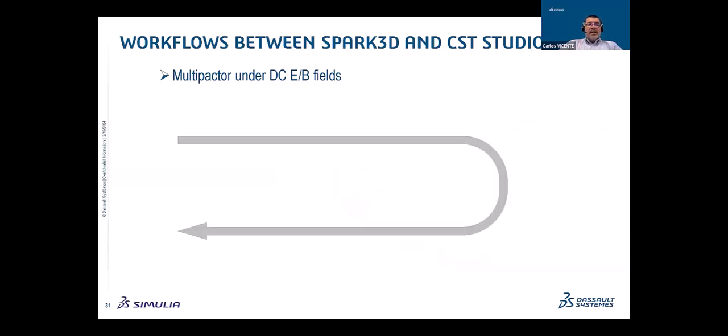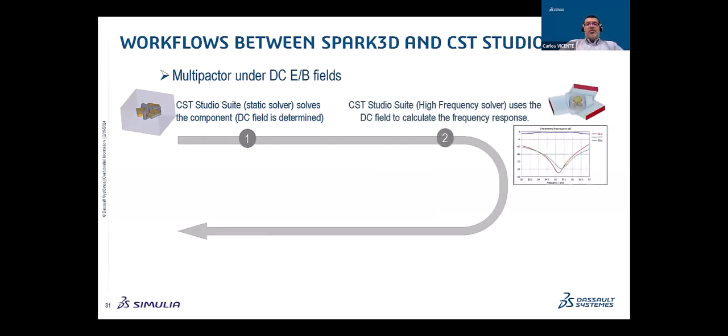The workflow in this case is very similar, but you have to follow a first step, which is basically solving the DC field. So we also have a low frequency solver in CST with the static solver. You can compute the DC field distribution, and you need to plug that into the high frequency solver, and then you can design the component.